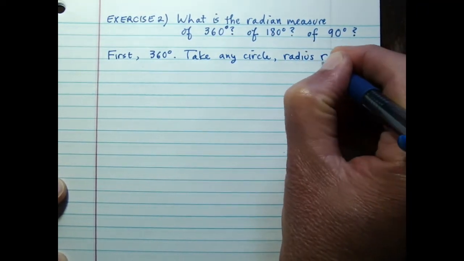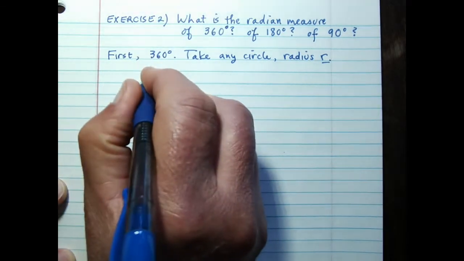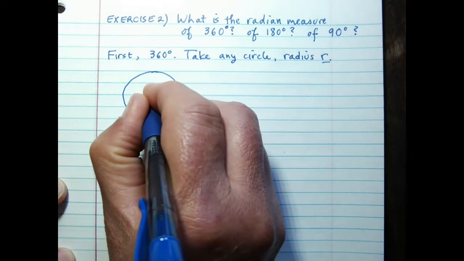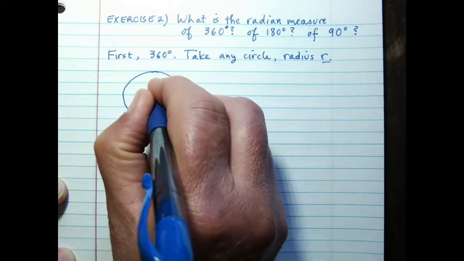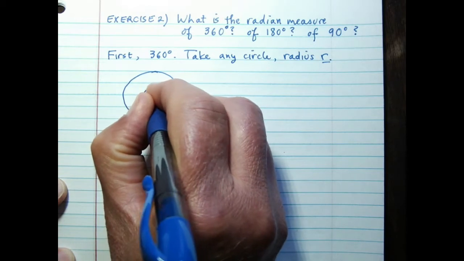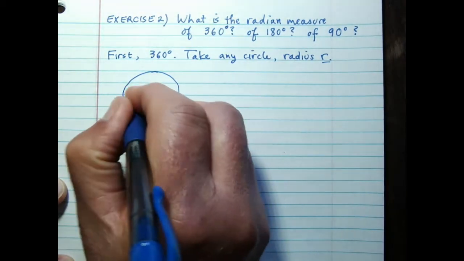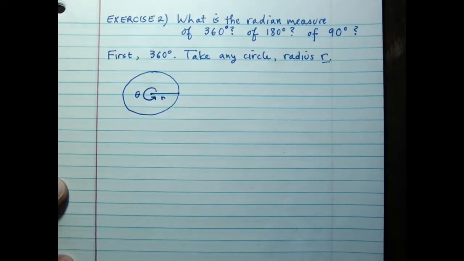I'm just going to call the radius r. I'm not going to assign it a specific value. And so here's my circle of radius r. Now 360 is full circle, right? So the angle we're talking about here is one full rotation through the circle.